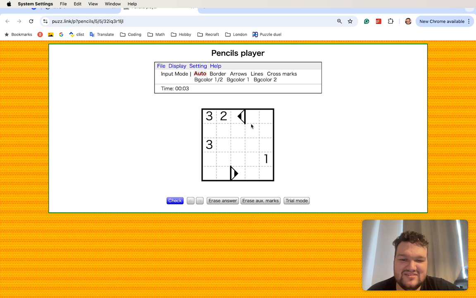Okay, so pencil tips must be part of pencils. Numbers must be part of pencils. Also, if we have unequal numbers, they are surely parts of different pencils. So this 3 is part of a pencil of length 3, and it can only be like this.